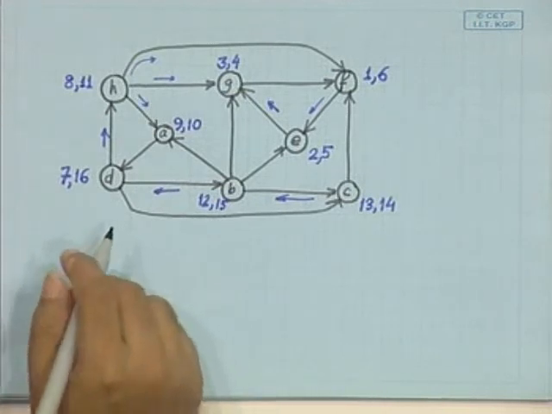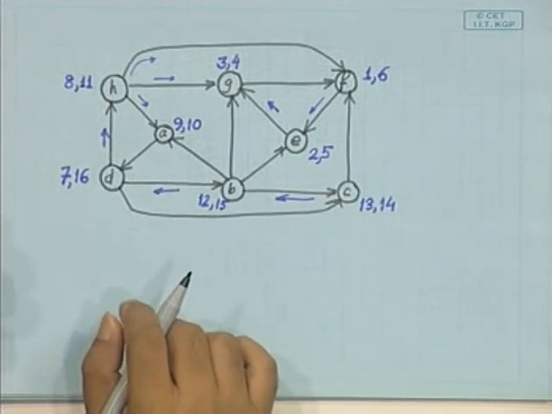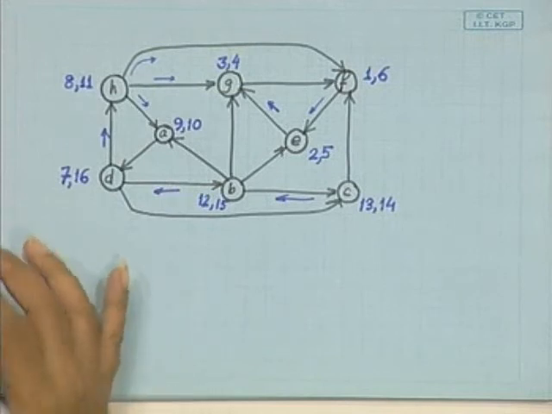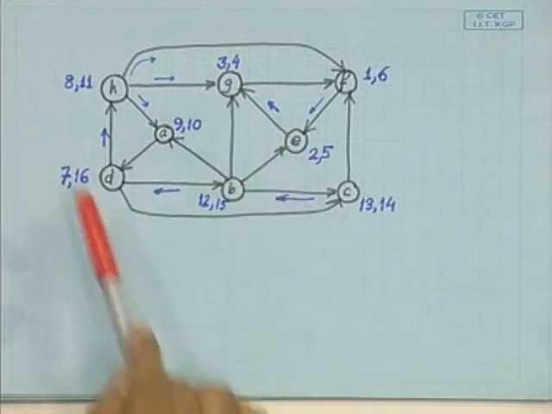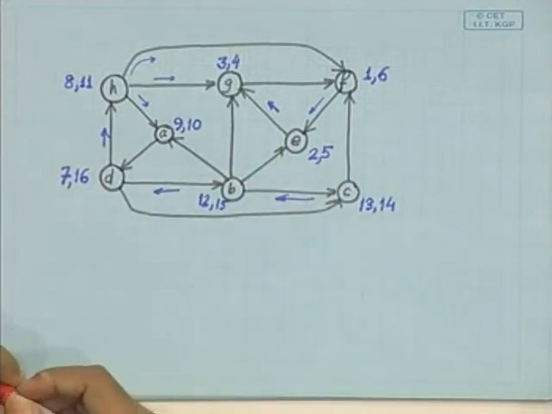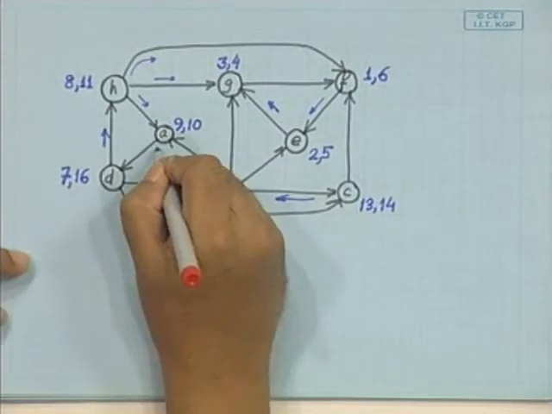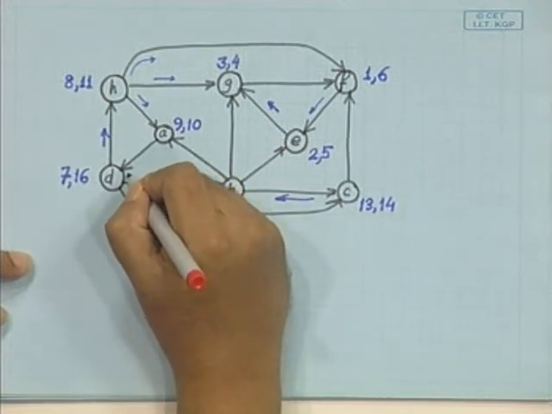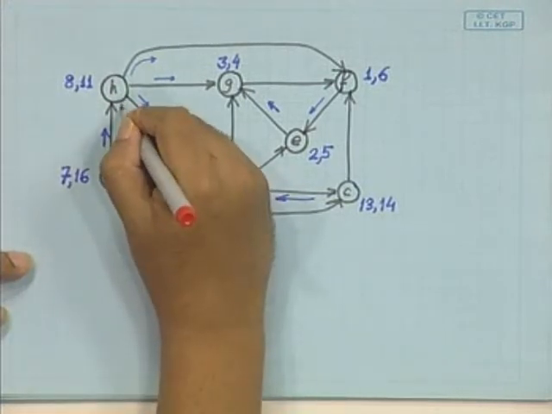So this completes the DFS, right? Now what we are going to do is the following thing: we will reverse all the edges of the graph. We will reverse all the edges of the graph, right? So this edge now becomes this, right. This becomes this.